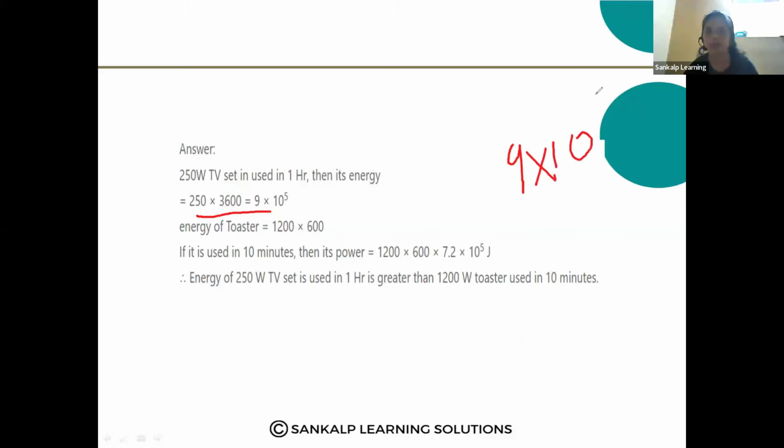That means 9 into 50 is there, right? 10 raised to 5, they have written. The answer is written in this form.